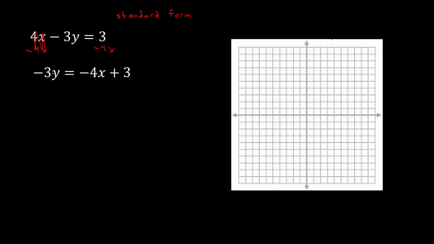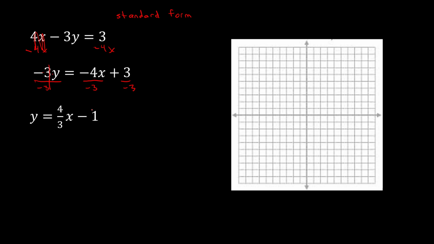This negative 3 is being multiplied by y. So to get rid of the negative 3, I have to divide by negative 3. So negative 3 divided by negative 3 will cancel, give me a positive 1. And then divide this by negative 3 and this by negative 3. So what we have is going to be a positive y equals a positive 4/3 x. And then 3 divided by negative 3 becomes a negative 1.